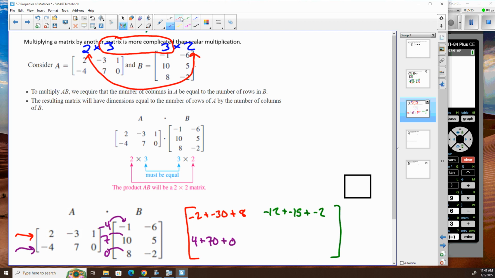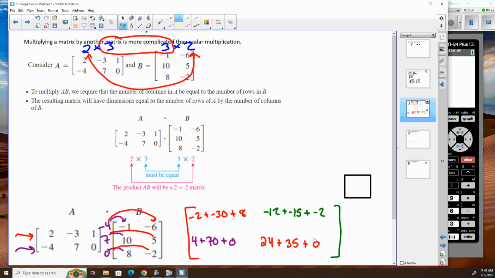And now I'm going to times those same numbers to the second column. So -4 times -6 is 24, plus 7 times 5 is 35, plus 0 times 2 is 0.